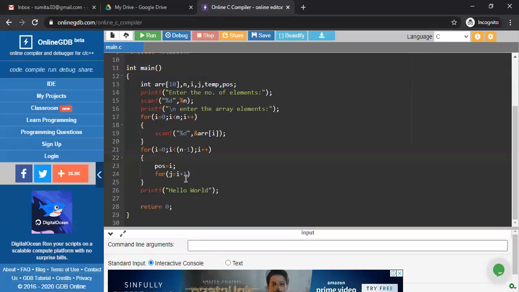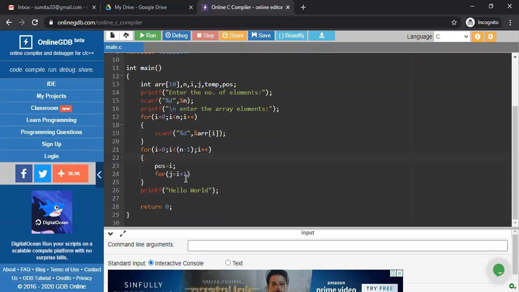For the first time my loop is executed. ARR i, which is ARR 0, so 44 is already there. We have 44 in our hand. Now we have to compare this 44 with the smallest element of the remaining part of the array.